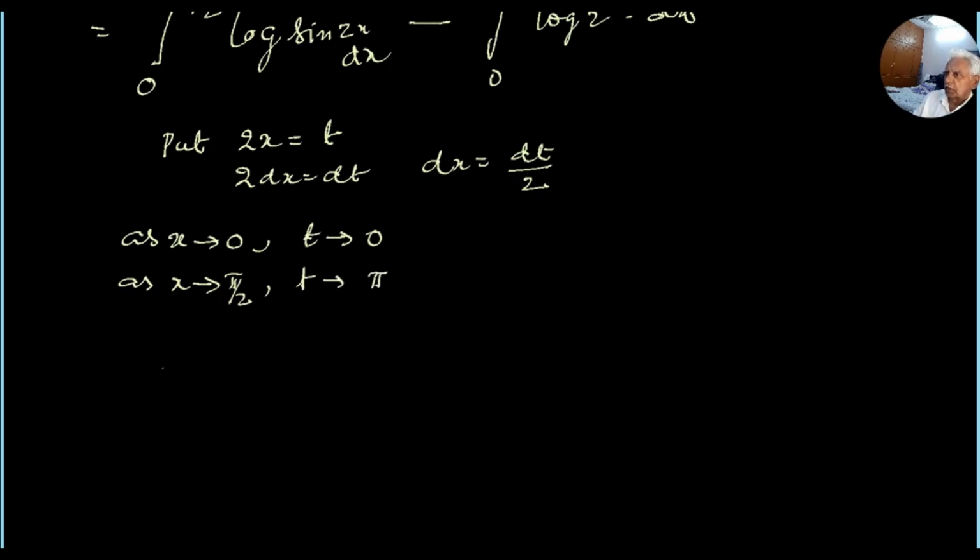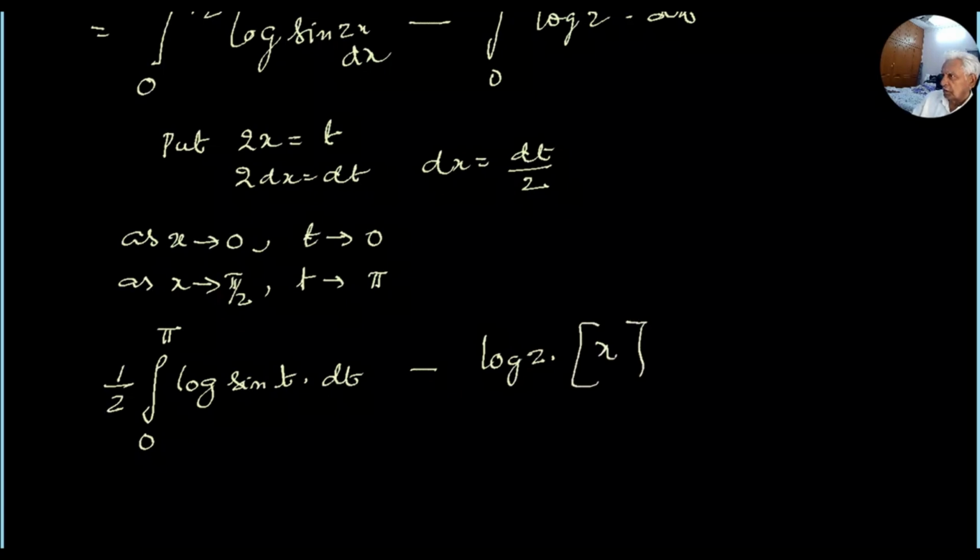So what we get here is integral from 0 to pi, dt by 2, of log sin t dt, minus log 2 times integral of dx. If integrated, you get x. Limits 0 to pi by 2.